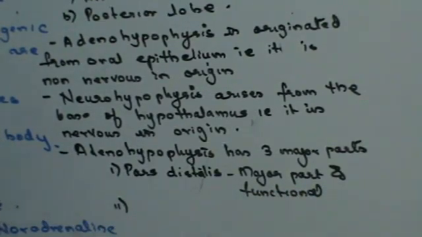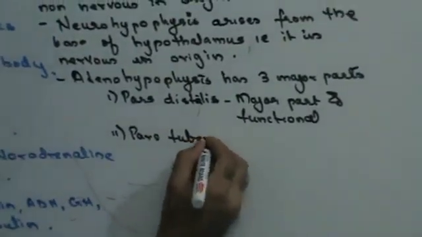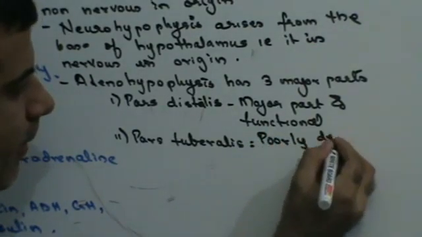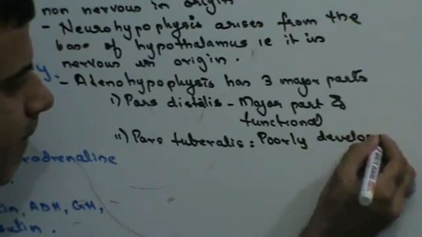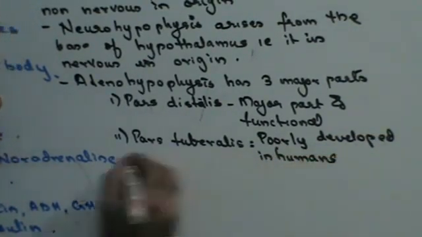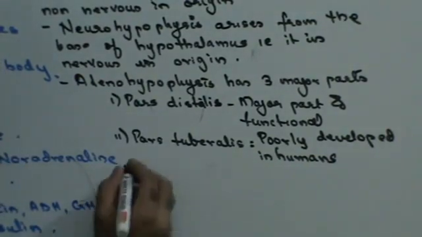Second is the pars tuberalis, that is poorly developed in humans. And the third part is the pars intermedia.